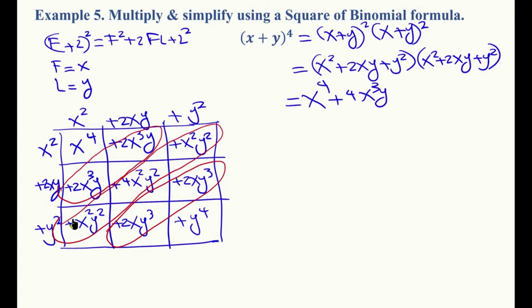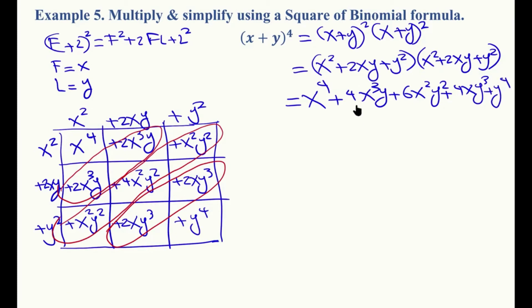Now here we have 1. Remember, if no number is written, the coefficient is 1. So we have 1 plus 4, which is 5, plus 1, which is 6 of the x squared y squared terms. So plus 6x squared y squared. Here we have 2 and 2, so 4, so plus 4xy cubed. And then finally plus y to the 4.